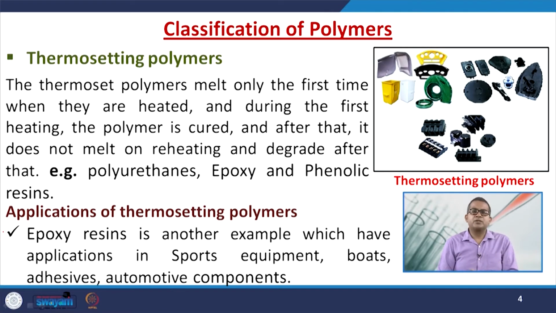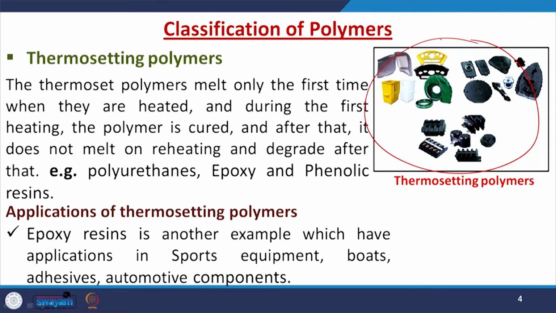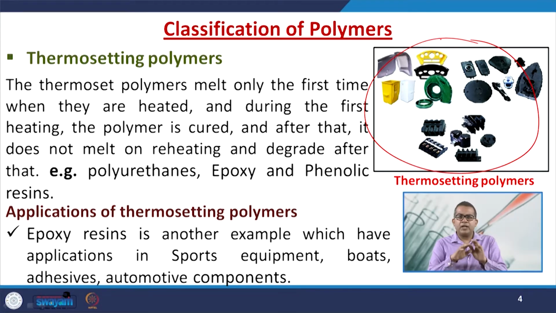Some examples of these thermoset polymers are polyurethanes, epoxy, and phenolic resins, and these are some of the applications or products attributed to the thermoset polymers. Let us have a look at the various applications of thermoset polymers.